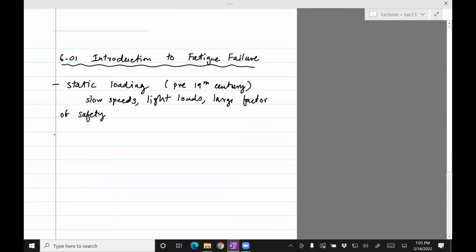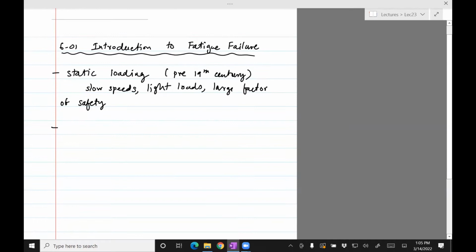But what changed principally was that we started worrying much more about dynamic loading. And that happened with the Industrial Revolution, which started with the steam engine.